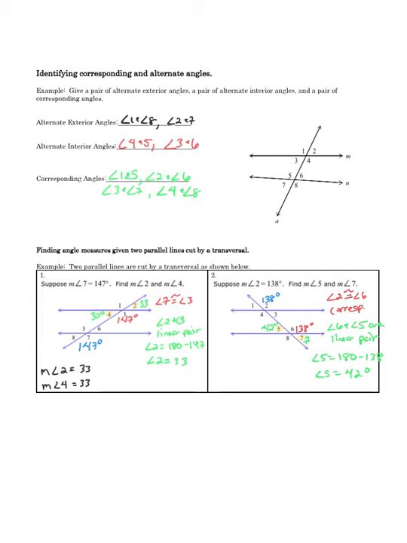So it's 42, and I just wrote a 7, sorry about that. So here's my answer: measure of angle 5 is 42 degrees, measure of angle 7 is also 42 degrees. I like corresponding angles, so I went that way. Not hard. You simply have to apply. All right, this will also be in Classroom.